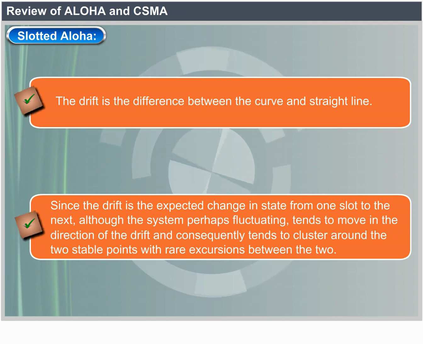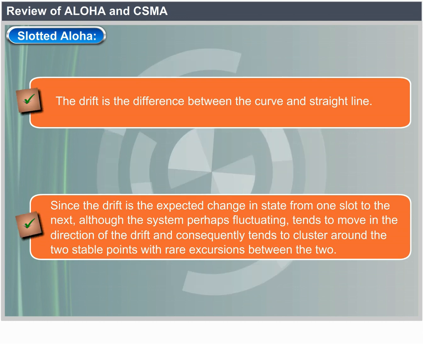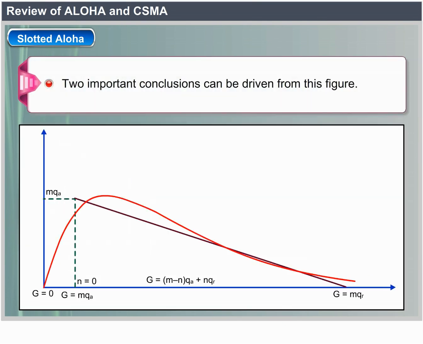Since the drift is the expected change in the state from one slot to the next, the system, although perhaps fluctuating, tends to move in the direction of the drift and consequently tends to cluster around the two stable points with rare excursions between the two. There are two important conclusions from this figure.